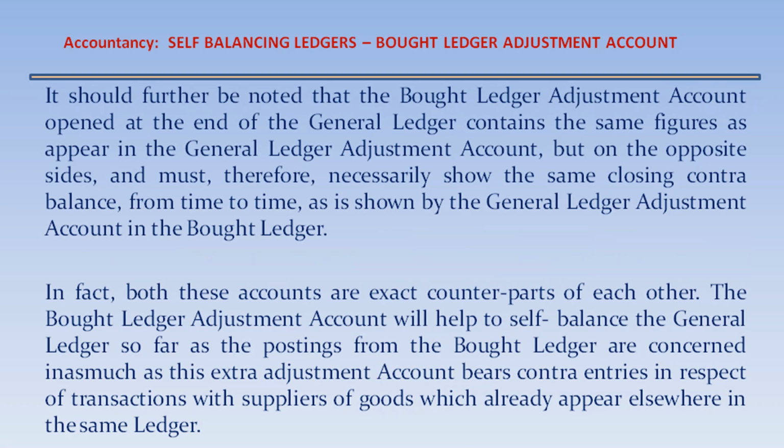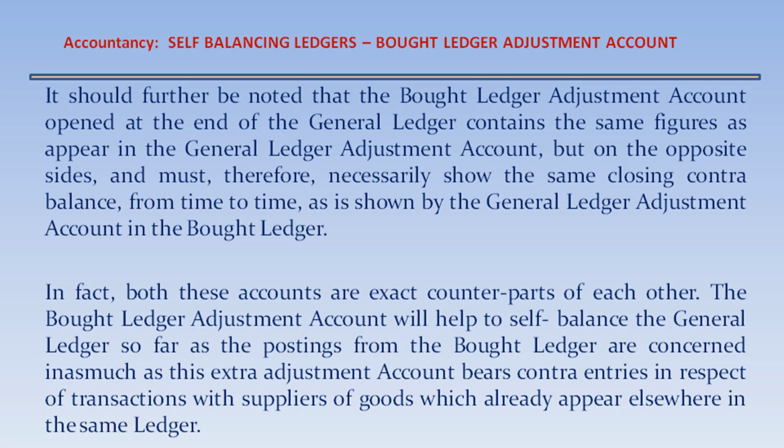It should further be noted that the BAT ledger adjustment account opened at the end of the general ledger contains the same figures as appear in the general ledger adjustment account, but on the opposite sides, and must therefore necessarily show the same closing contra balance from time to time as is shown by the general ledger adjustment account in the BAT ledger. In fact, both these accounts are counterparts of each other.